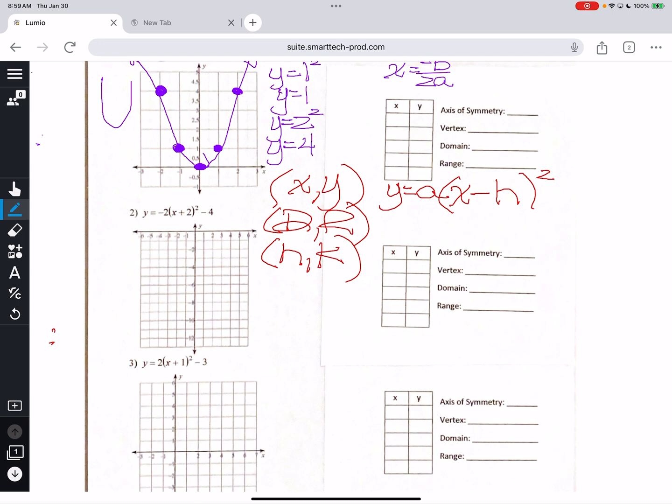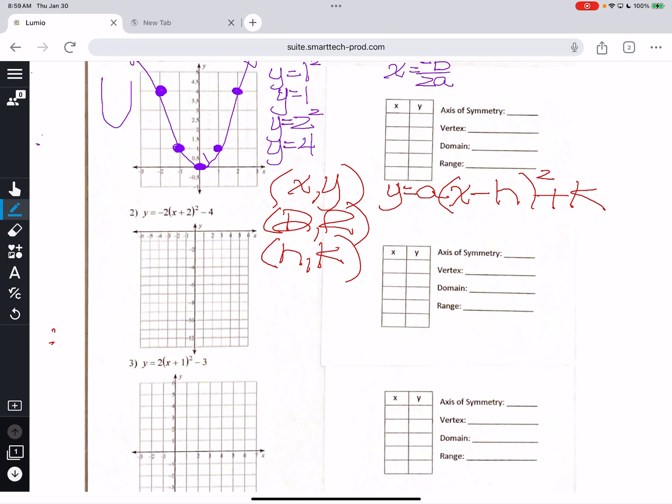You got to have it squared to make a parabola. Okay? And then plus K. Alrighty? A, parentheses, X opposite H, squared, plus K. In other words, the K sign is not going to change.